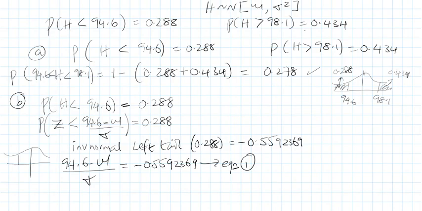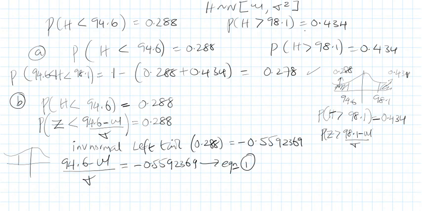Then we do P of H greater than 98.1 is equal to 0.434.